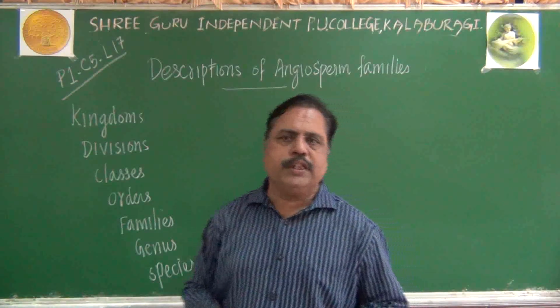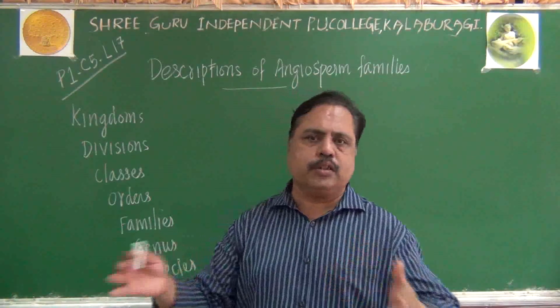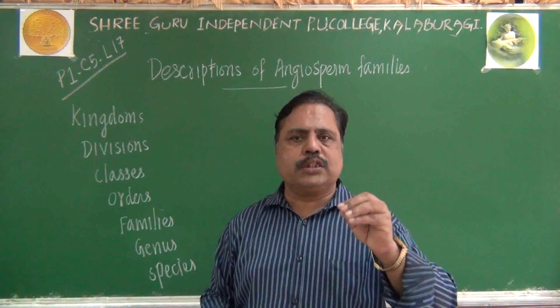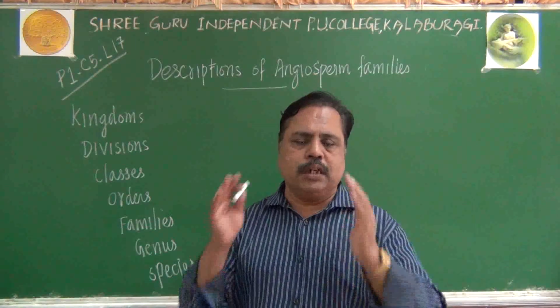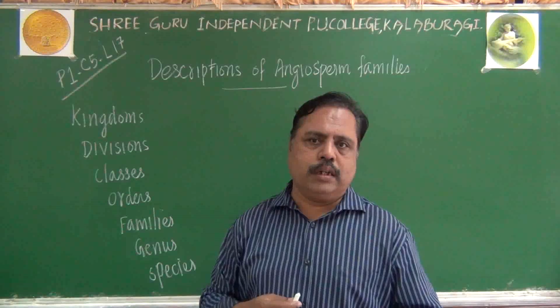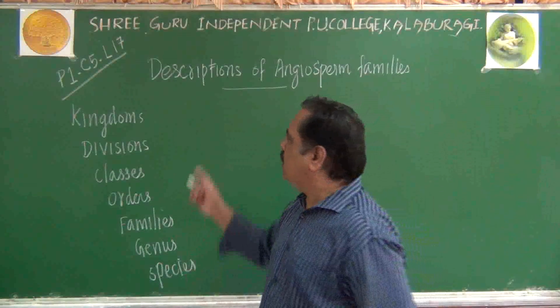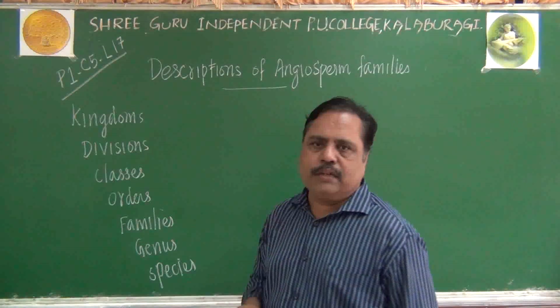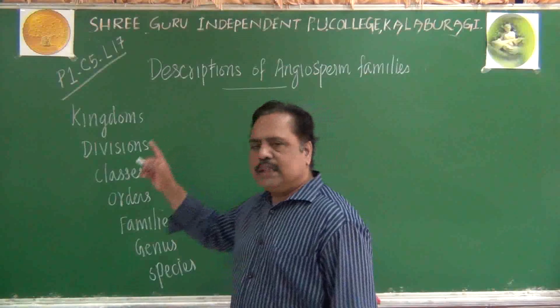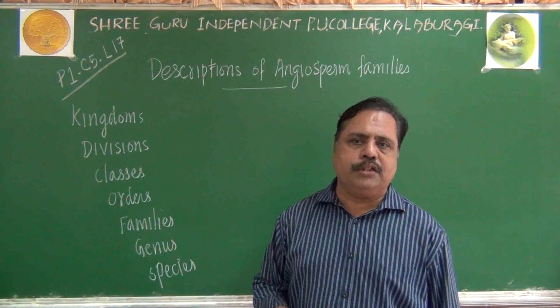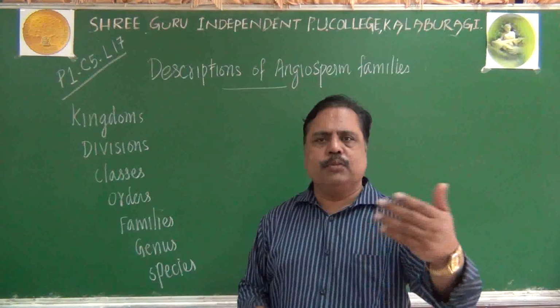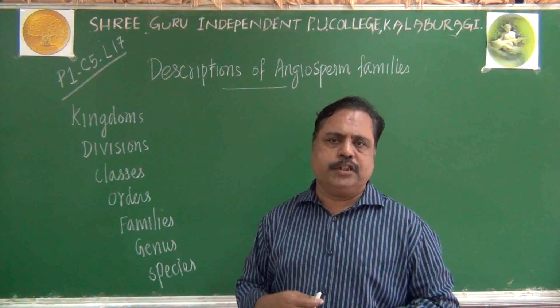Why should we differentiate them into these groups? In order to study all the organisms or to know about all the organisms. Now in morphology of flowering plants, of course there is a detailed lesson called biological classification, which we will be studying in the later lectures.